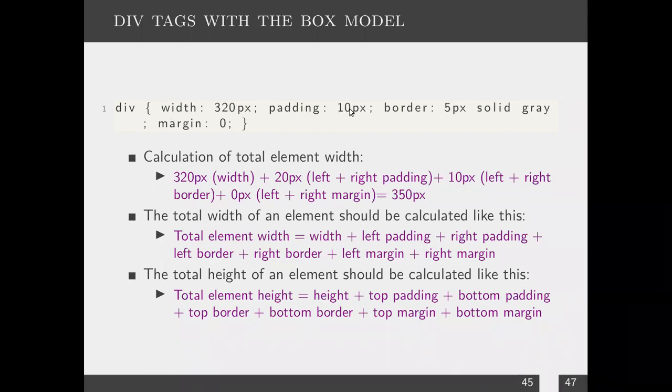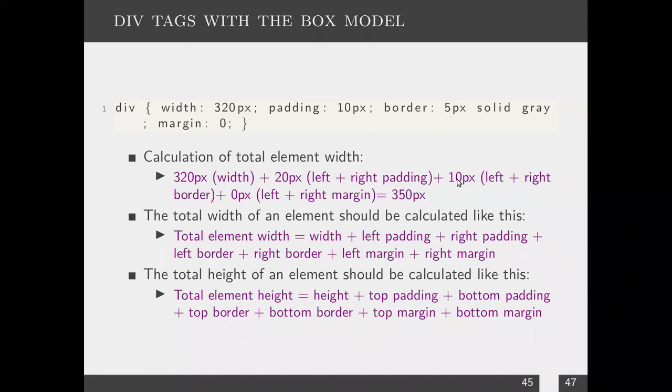So if you say padding 10 pixels, it means the top, the right, the bottom, the left all have the size 10. If I'm calculating the width, the width is this space here. That means I would calculate the left padding, the space they leave here, and the space they leave here. So that will be 10 times 2, because it's all 10, so 20. So left padding plus right padding.